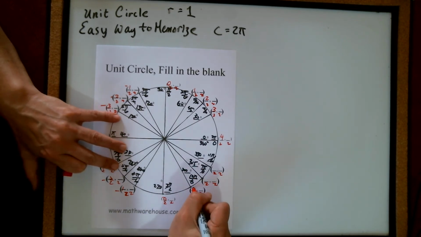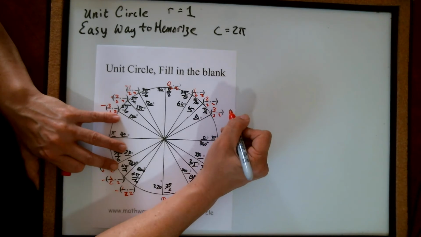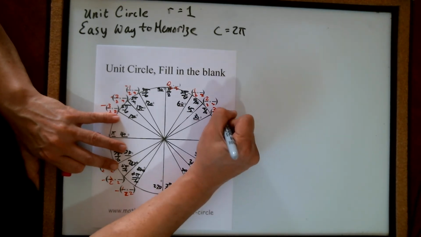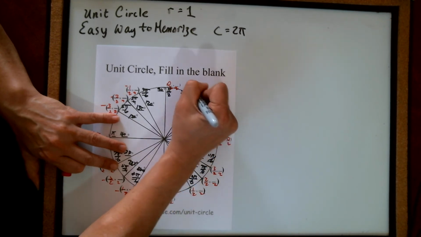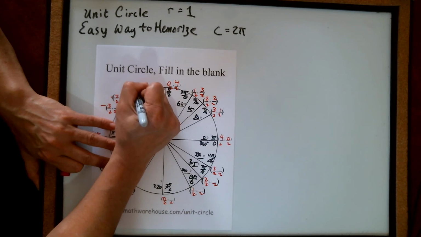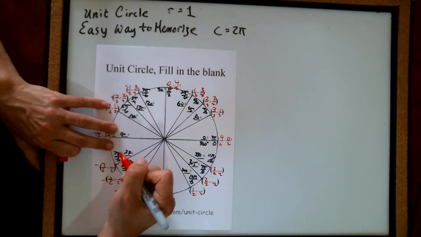And then 1, 2, 3, 4, back to 4. And here for y we start off with 0 over 2, 1 over 2, 2 over 2, 3 over 2, 4 over 2. It's going to be still positive. 3 over 2, 2 over 2, 1 over 2, and 0 over 2.